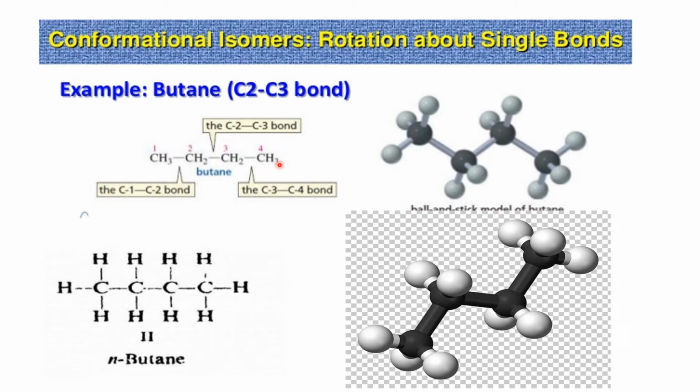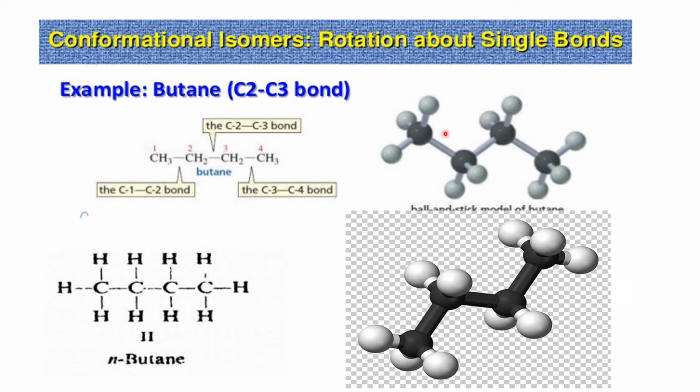Hence, an infinite number of conformations are possible. But we give importance to the rotation around the C2 and C3 carbon atoms. See here, this is the butane molecule and this is the C1 carbon atom, C2, C3 and C4.